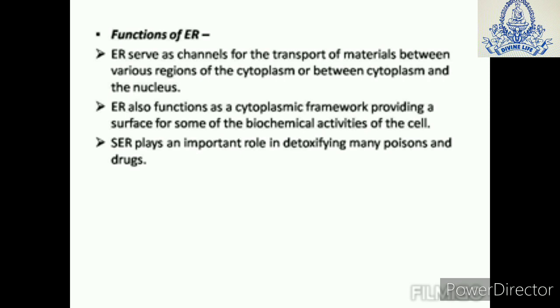Endoplasmic reticulum functions as a cytoplasmic framework, providing a surface for some of the biochemical activities of the cell. Smooth endoplasmic reticulum plays an important role in detoxifying many poisons and drugs. Detoxifying means it helps in removing the poisons and drugs.